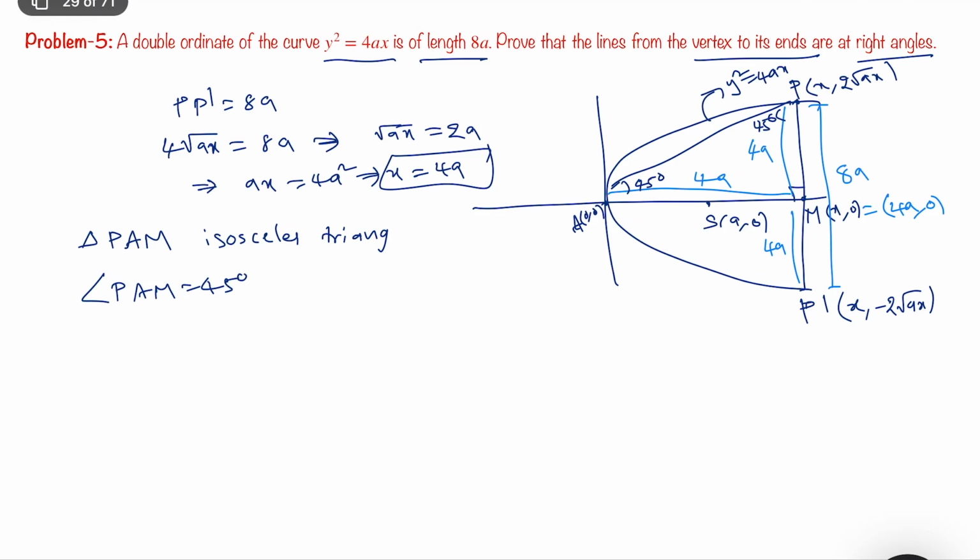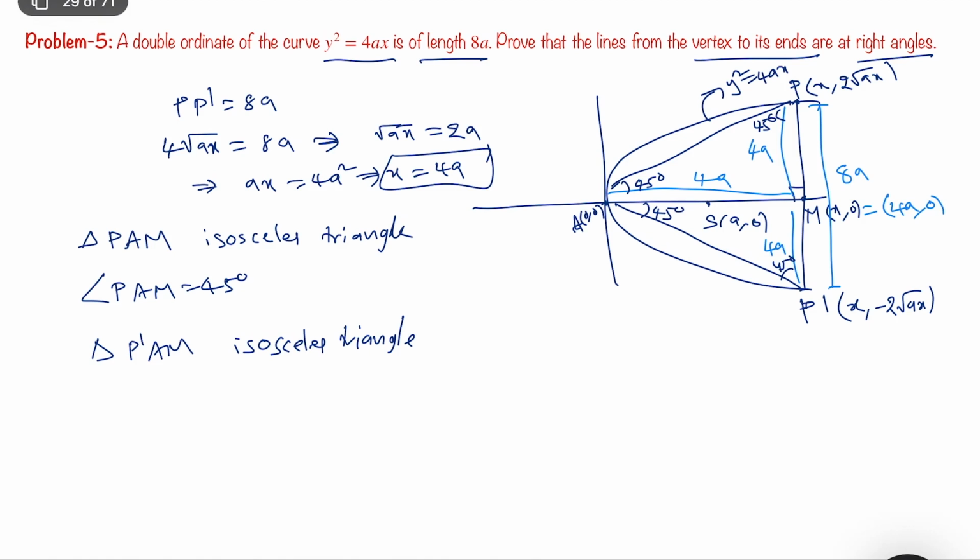With similar reasoning, if you consider the triangle P'AM, this is also going to be an isosceles triangle. So therefore this angle also must be 45 degrees, as this is 45.